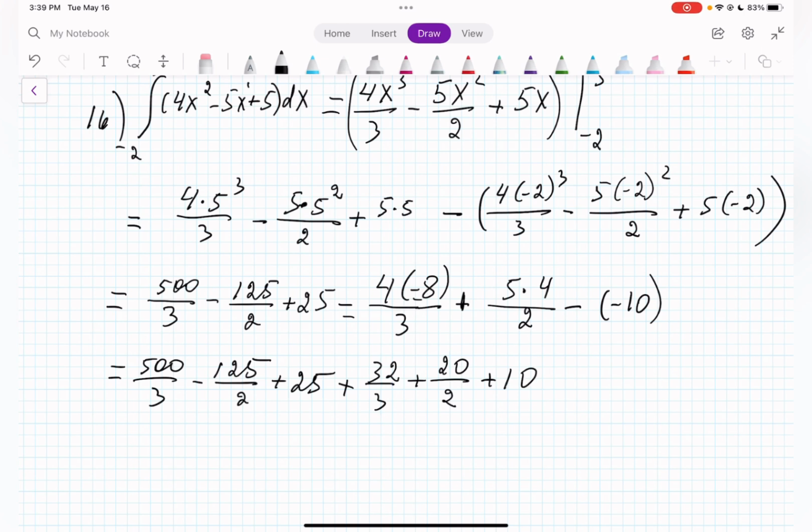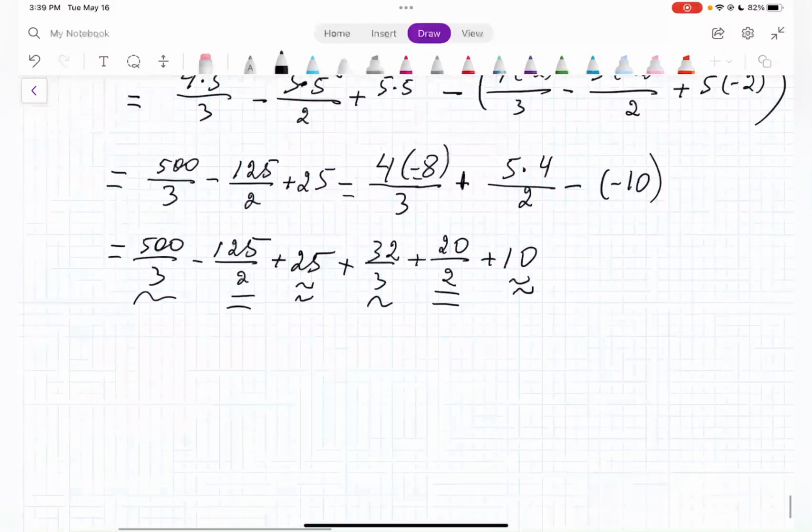So let's combine like terms. I'm going to combine this denominator 3 with this denominator 3, this denominator 2 with this denominator 2, and the whole numbers 25 and 10.